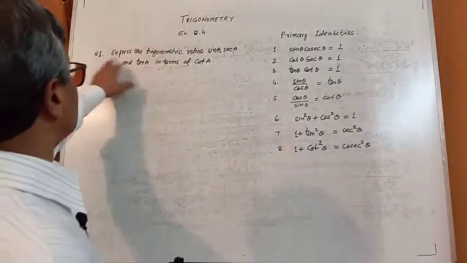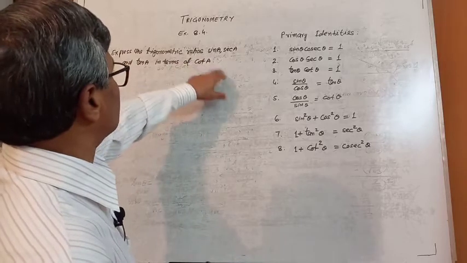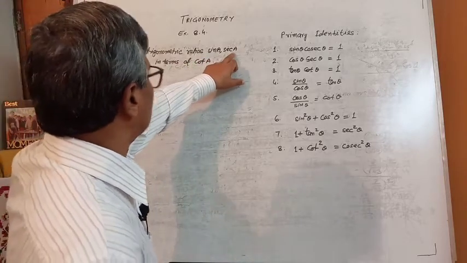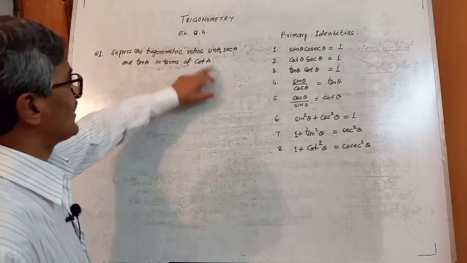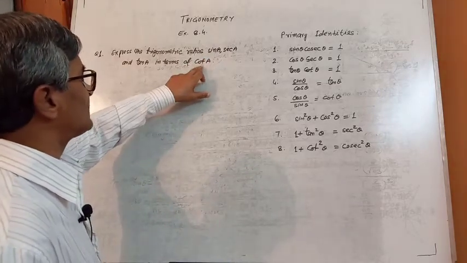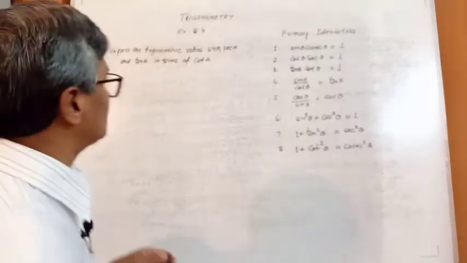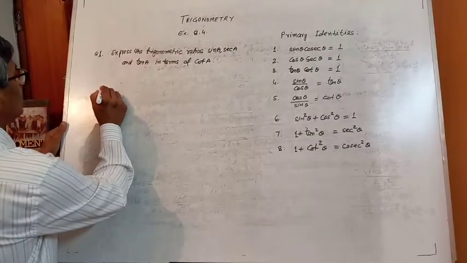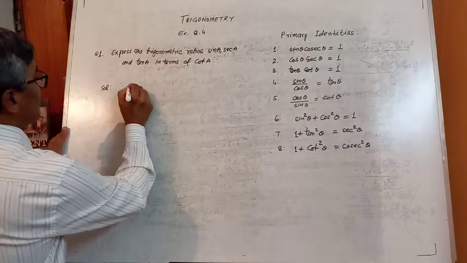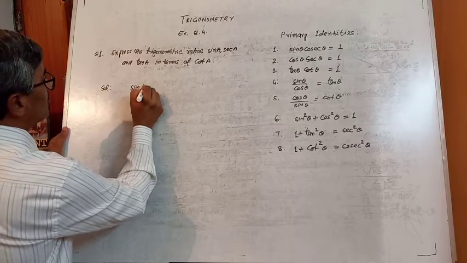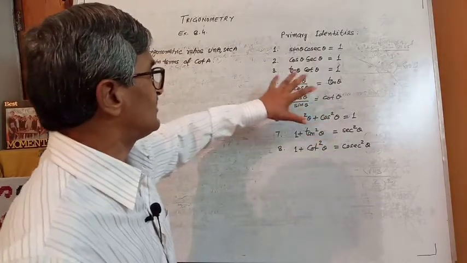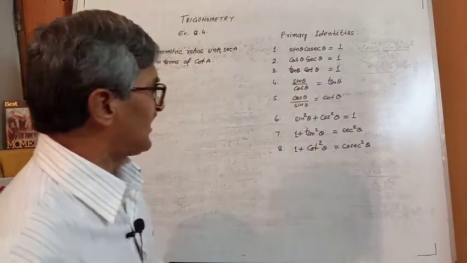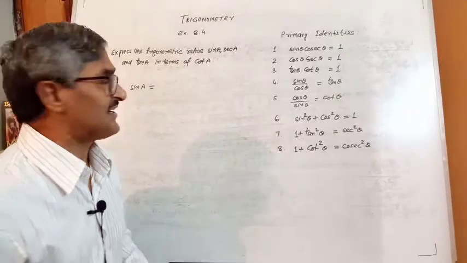Now, the first question is: express trigonometric ratios sin A, sec A and tan A in terms of cot A. Means sin A must be expressed in terms of cot A. Here is the solution. Sin A is to be expressed in cot A. But in these identities, you see that sin A is not related to cot A directly.